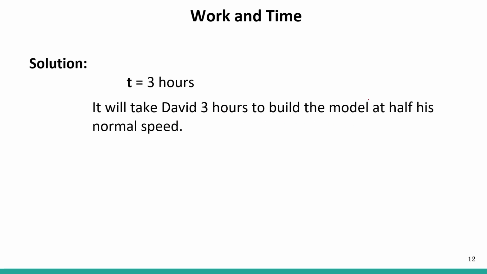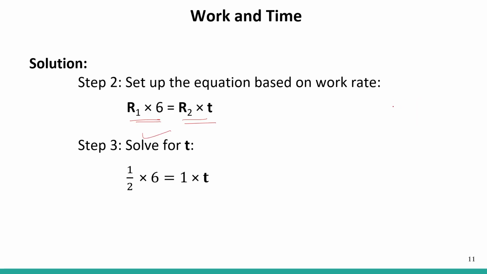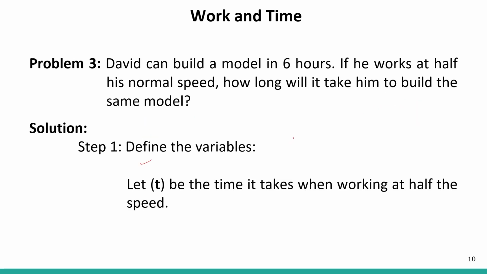Not half, that would be at twice his normal speed, because he can build a model in 6 hours. If he works at twice his normal speed, it will take him 3 hours to complete the model. So if he works at half of his normal speed, how long will it take?